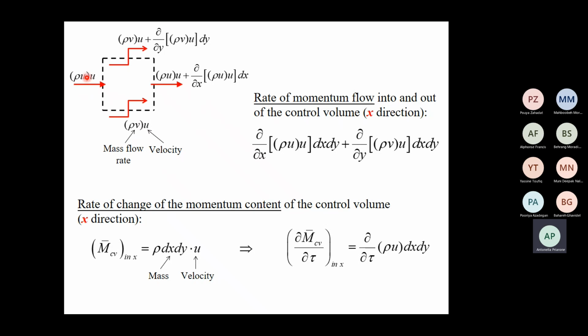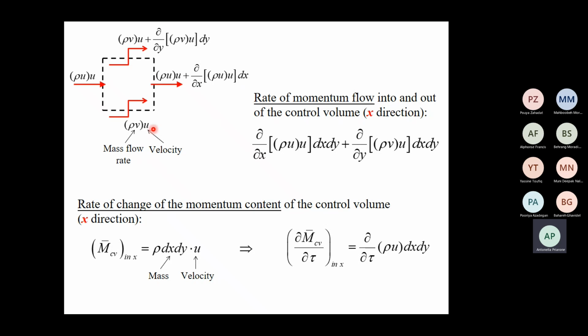This is for the inlet in the two directions. If I have to calculate the outlet, the outlet is for the coordinate x plus dx, so I take the inlet and I add the derivative of the inlet in dx. Remember that everything is multiplied by dy due to the fact that the area is dy.